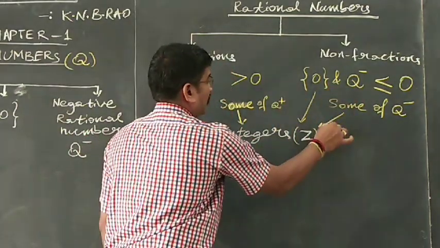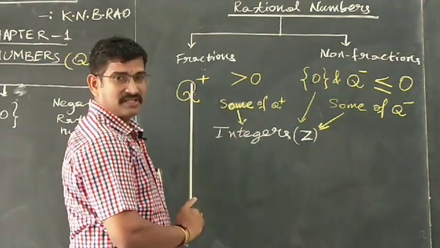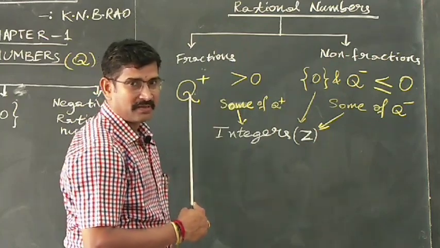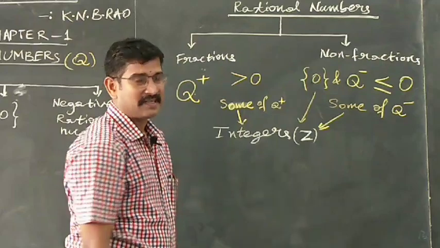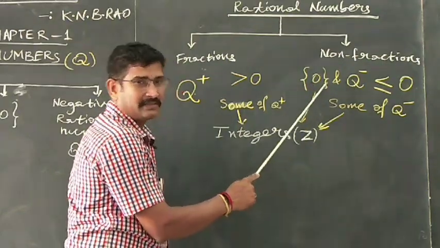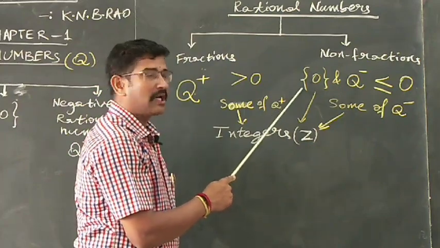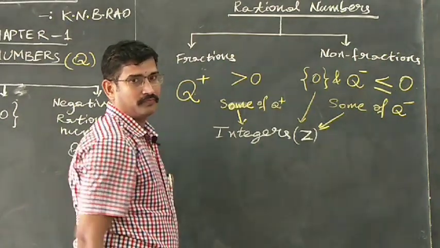So, the rational number set is divided into fractions, which I can mention as positive rational numbers, and non-fractions. Amongst non-fractions, I have negative rational numbers and that singleton set 0. That is, all non-fractions are the numbers less than or equal to 0.